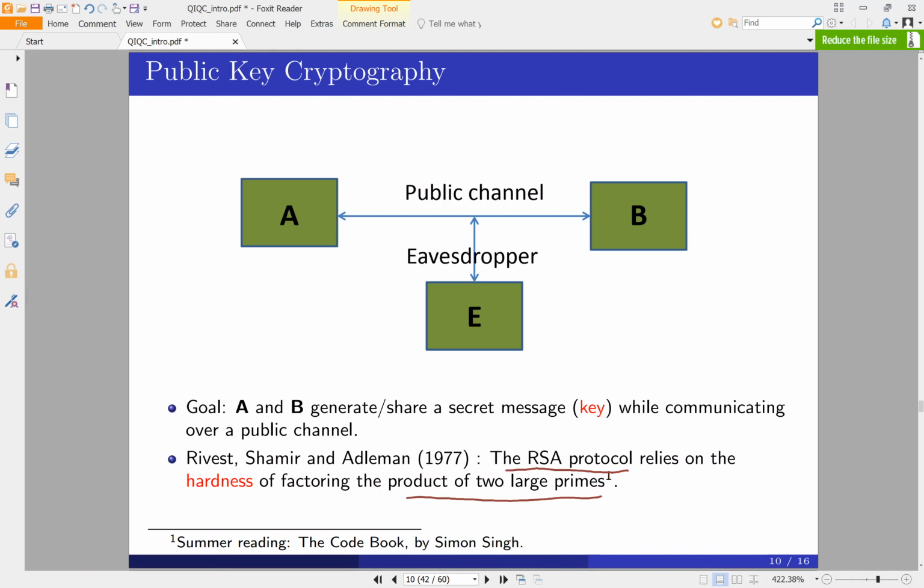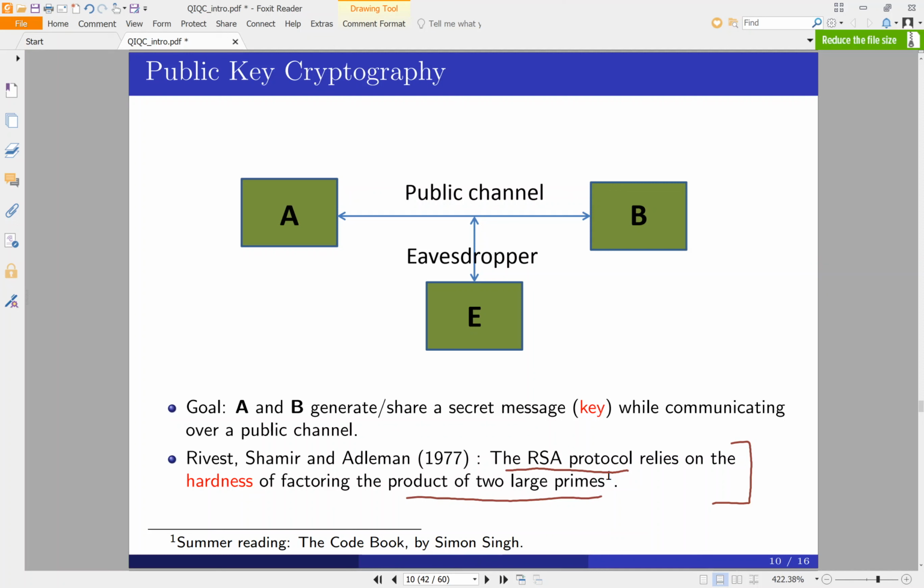That's what we saw on the previous slide, that prime factoring is a hard problem for a classical computer, but a quantum computer is able to solve it exponentially faster. So if we had a quantum computer today, then this RSA protocol would be broken, because the protocol's security relies on the hardness of prime factorization.